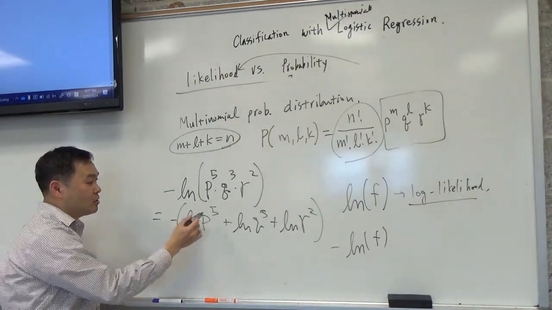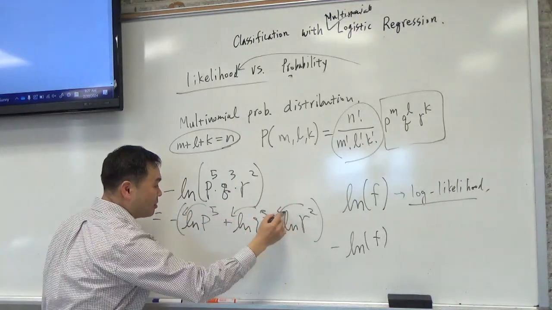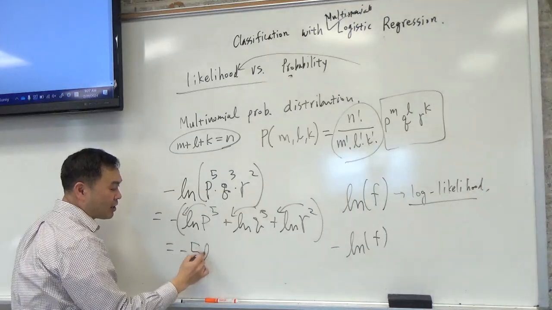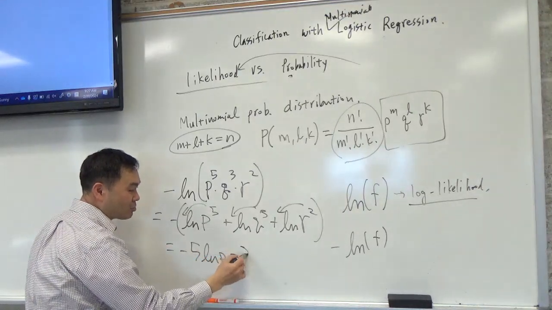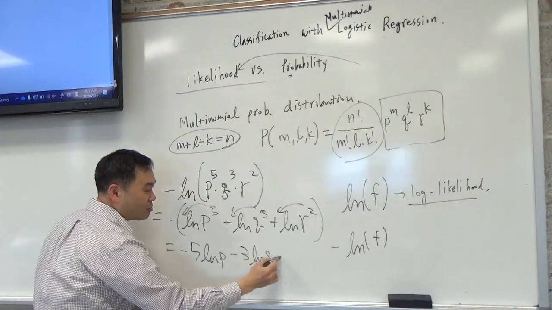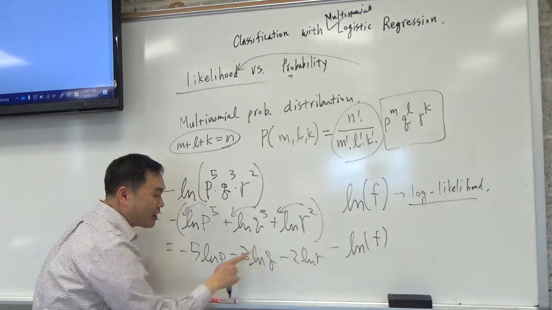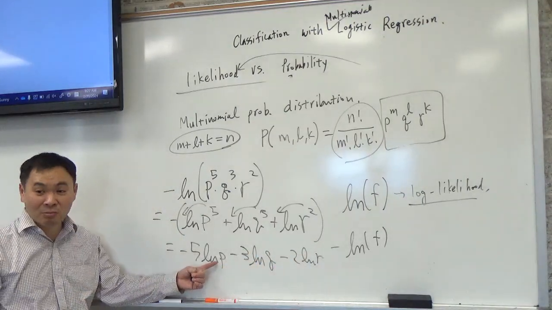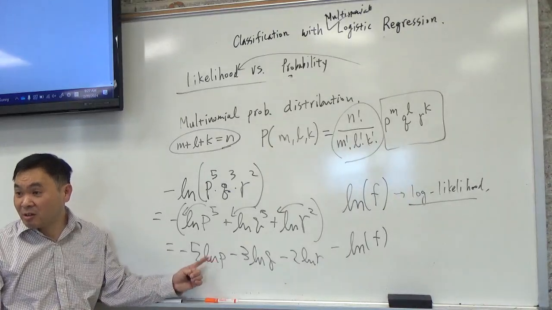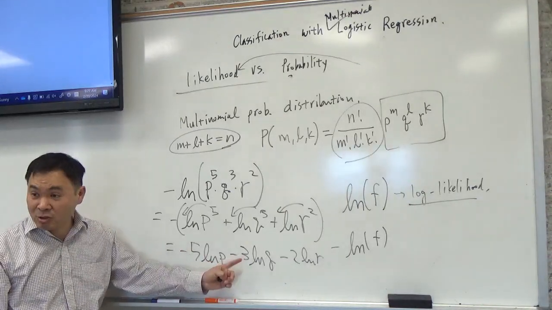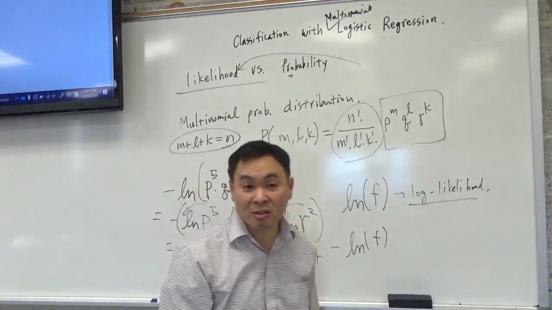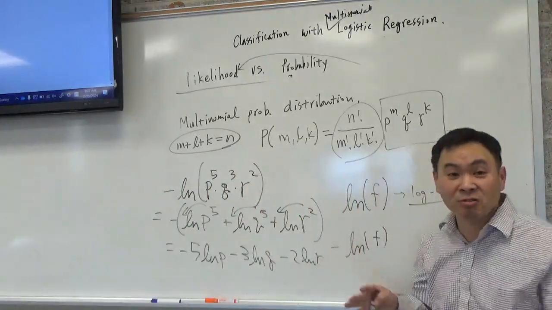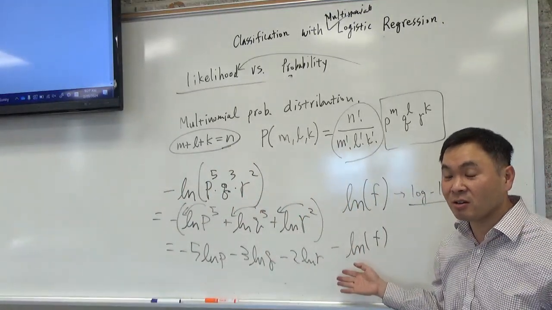Now, what's another log rule that you know? You can bring the exponent down. You can bring this in front. So what do you get? You get negative 5 ln of p minus 3 ln of q minus 2 ln of r. And now look at what happened. What is p? We called it x before, right? It's negative 5 ln x, negative 3 ln y, negative 2 ln z. That's exactly the function that we were trying to minimize. Okay?